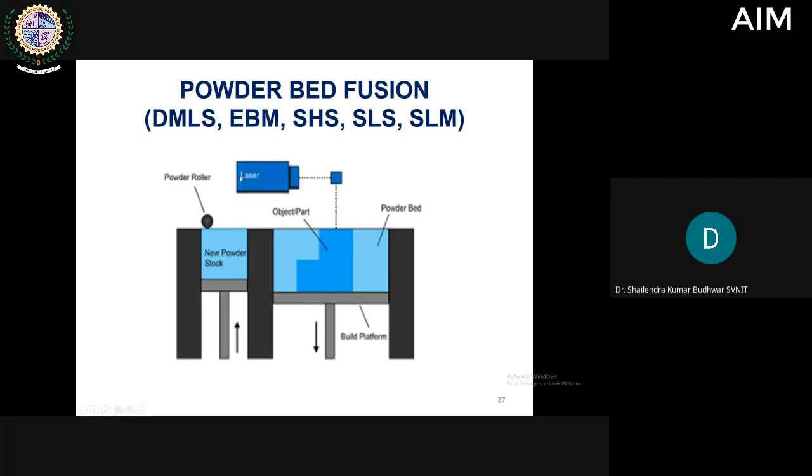Then again the laser source or electron beam will scan the build platform, and it will sinter or melt the powder in the selected area. It will scan the pattern as per the STL file. In this manner, layer by layer, the complete part is fabricated. The layer thickness is very small, generally 0.1 millimeter.